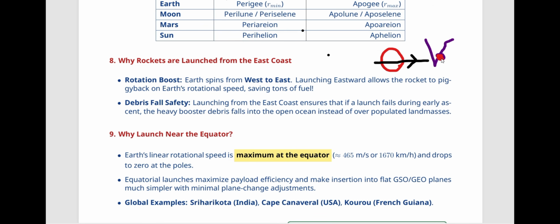The first reason is that the Earth rotates. Assume this is the Earth. Earth rotates from west to east.